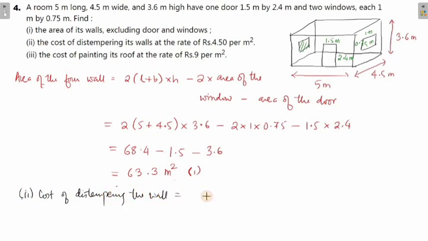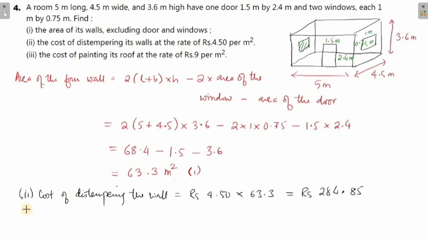For 1 meter square it is rupees 4.50, but we have got 63.3 meters square, so I'll multiply the cost of 1 by 63.3. So 63.3 into 4.5 will give you your answer to be rupees 284.85. This will be the cost of distempering the 4 walls.